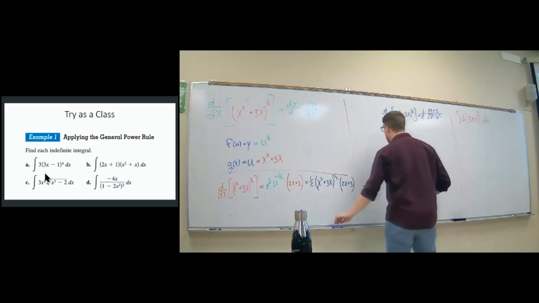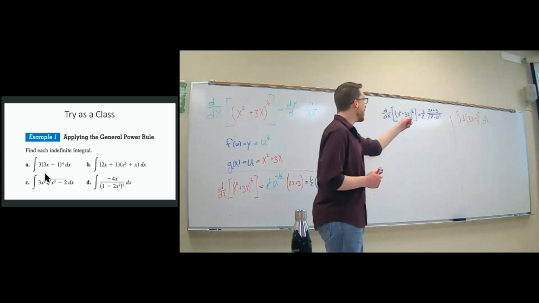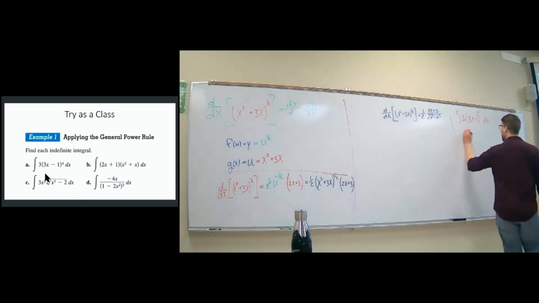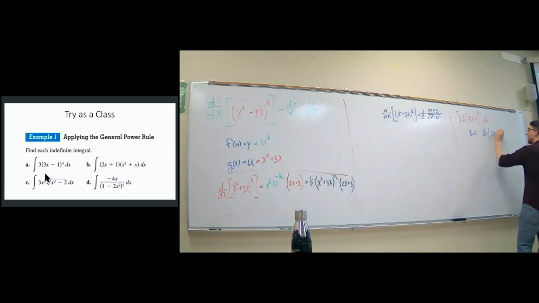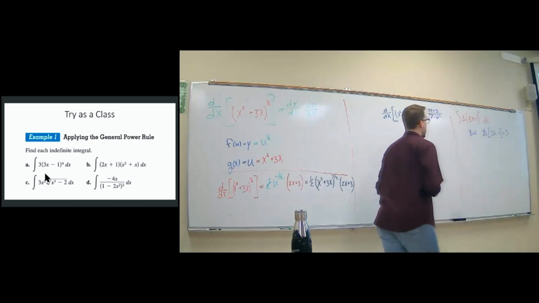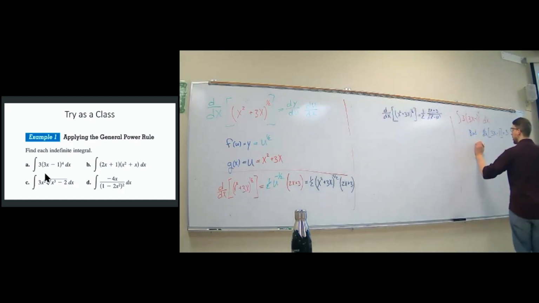But hey, notice, if we were to take the derivative of that interior of 3x minus 1, it's going to come out to be 3, right? So with that in mind, let's set u equal to 3x minus 1.